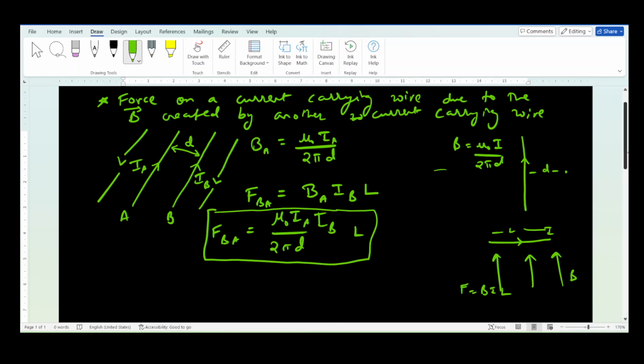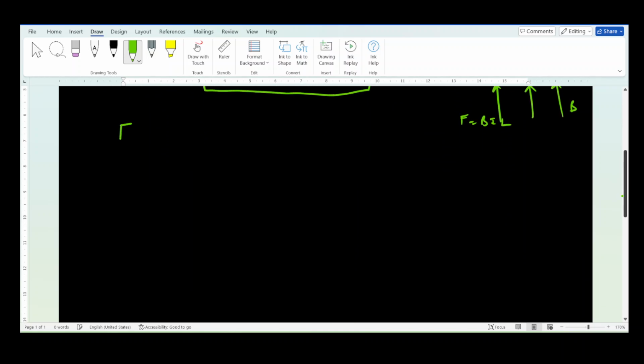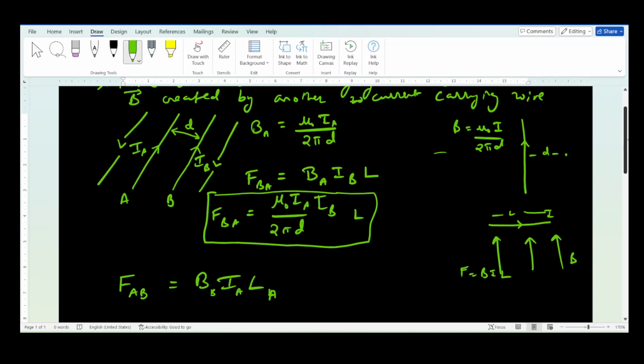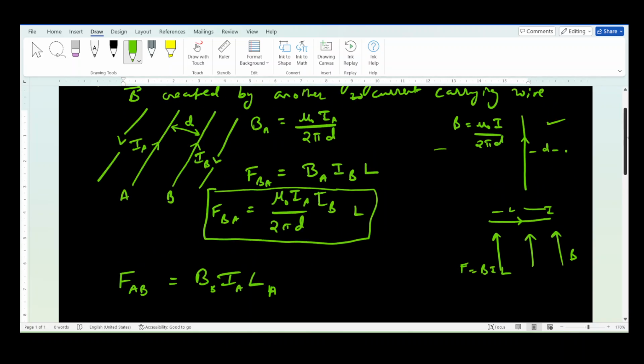Fair enough. Now what we will do is we'll calculate the force due to B on wire A. Force on wire A due to B. So the formula will be BIL, of course, and B will be due to B, and I will be the current in the wire A, and L will be the length of the wire A. So what will be the magnetic field due to wire B? It will be again following this formula over here.